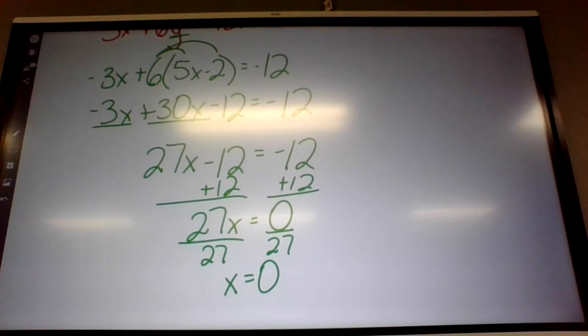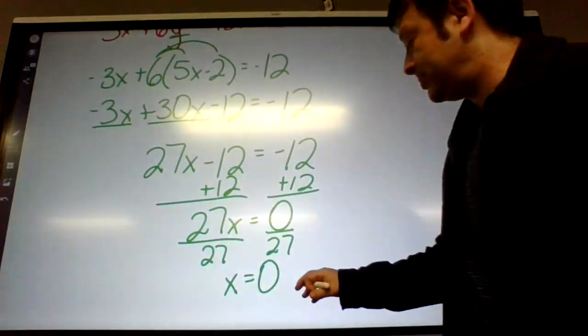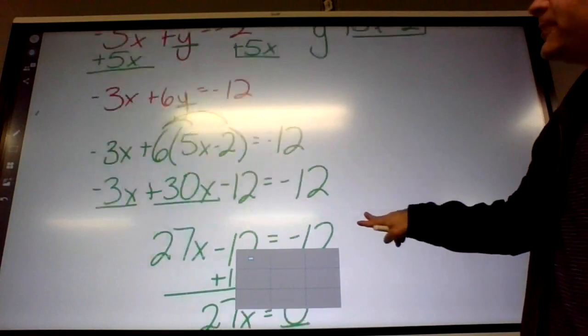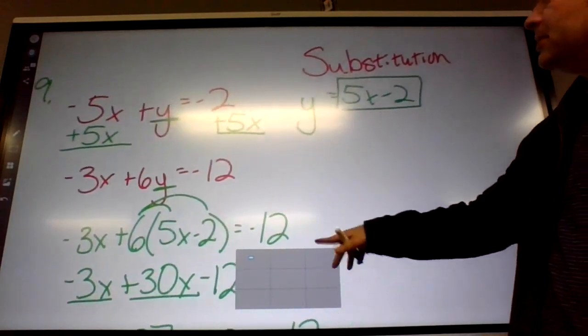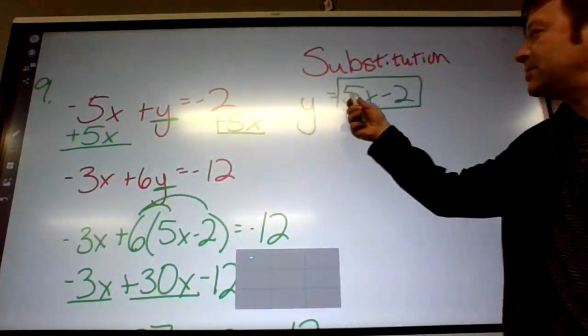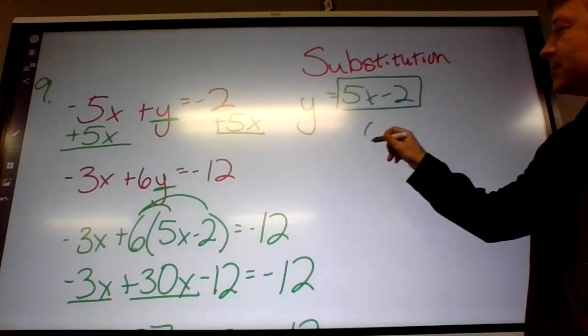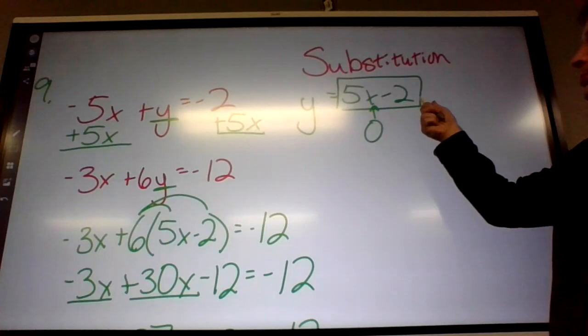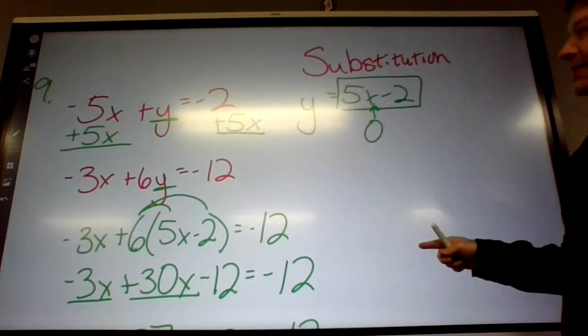Okay. Once you get one of the answers, remember there's two answers, an x and a y, that are solutions here. So I'm going to plug the x value back in. You can use any of these equations. The one we kind of made would be the easiest, because y is going to equal 5 times 0 minus 2, which is negative 2.